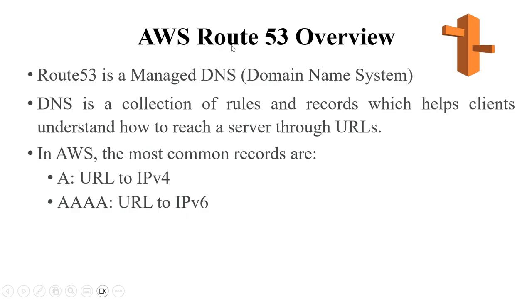The type of record I can use from Route 53 is AAAA. You can create this type of record, mapping the front end URL, some example.com, to the backend IPv6. Or if I have an IPv4 address, the server IP address, then the type of record we need to create in Route 53 is the A type of record.